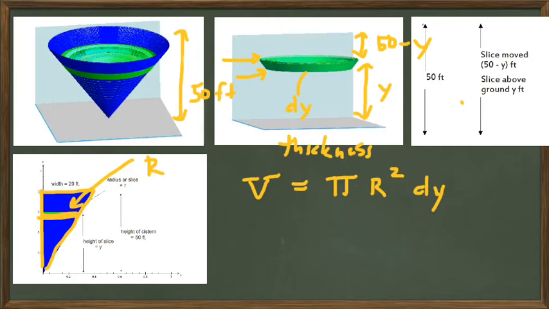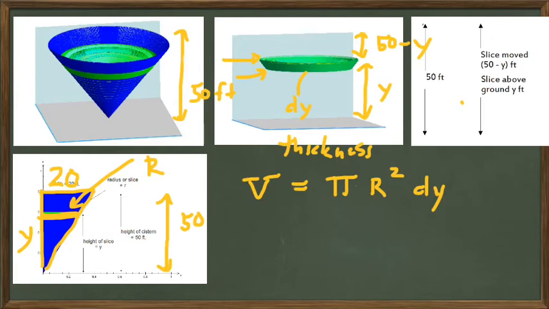To figure that out, let's set up a similar triangle relationship. So we've already labeled the height the slice is above the ground as y. We know that the height of the cistern is 50, and we know that across the top of the cistern the radius is 20.